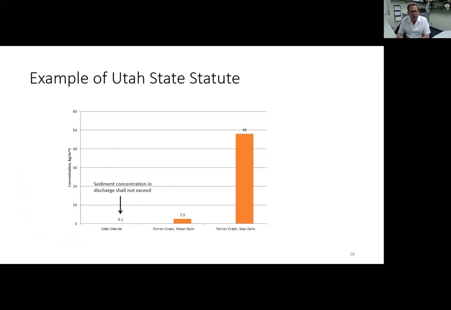In the creek pictured in the previous slide, the mean daily sediment concentration is a lot more than that, and the maximum daily concentration, not instantaneous, but daily, is 500 times higher. That's the sediment coming into a reservoir.